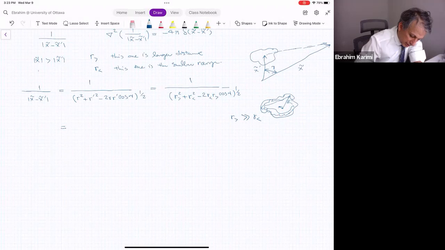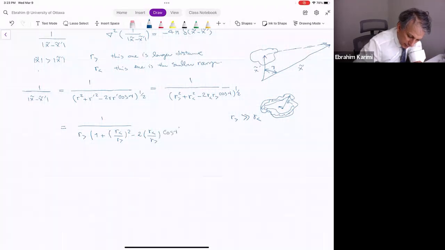Then what we will get is 1 divided by R greater, then it will be 1 plus R smaller over R greater to the power of 2, minus 2 R smaller divided by R greater cosine of gamma, all to the power of 1/2.